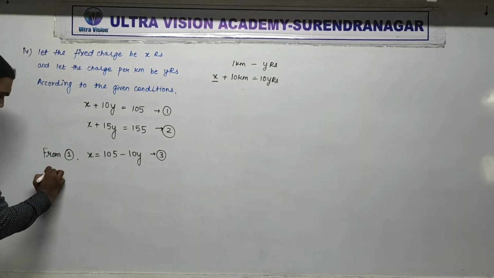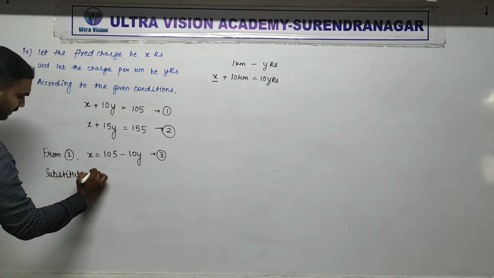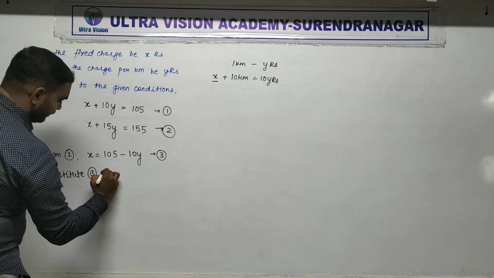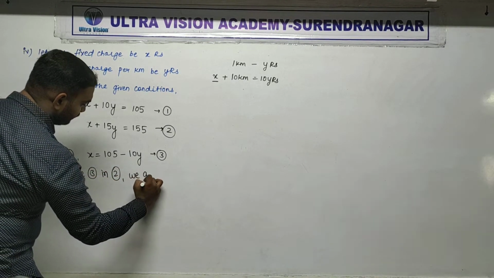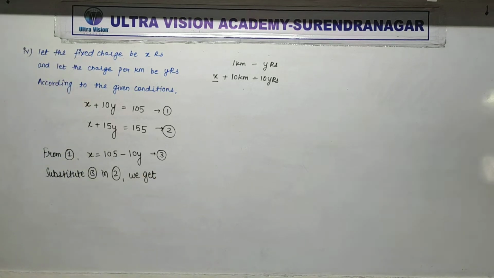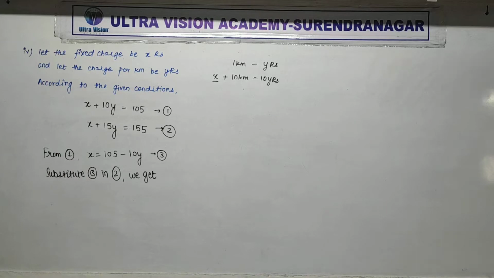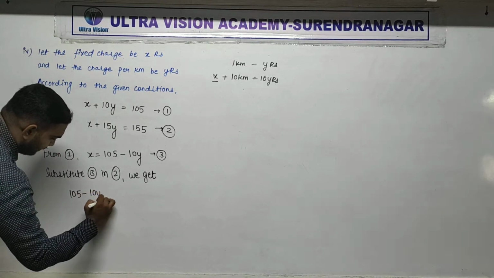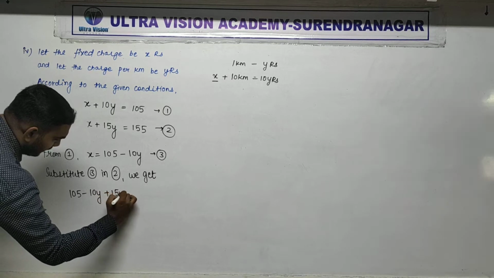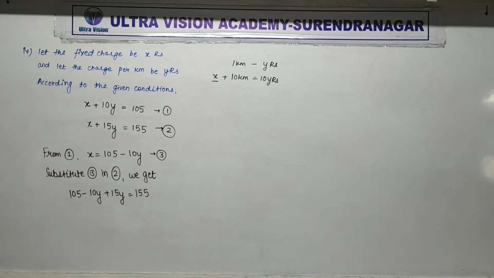Substitute result 3 in result 2. What shall we get? Let us see. Replace x with 105 minus 10y: 105 minus 10y plus 15y equals 155.